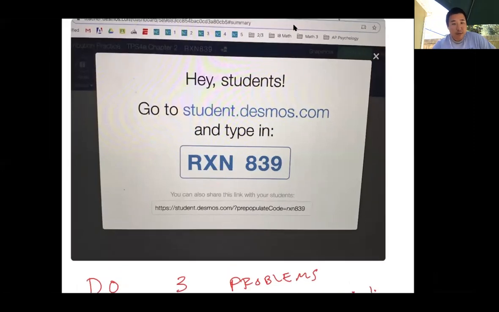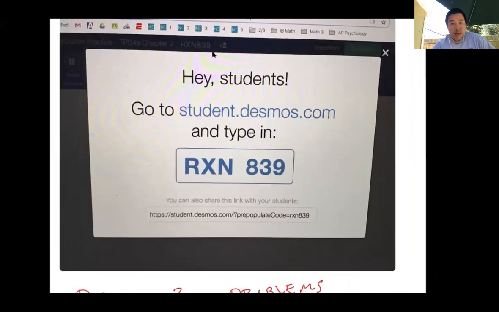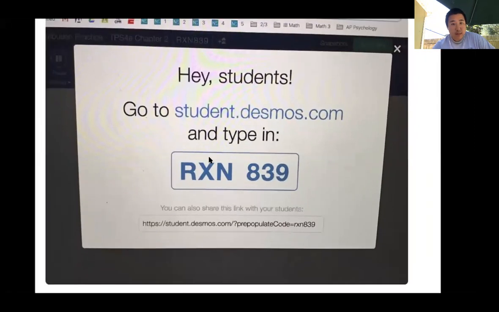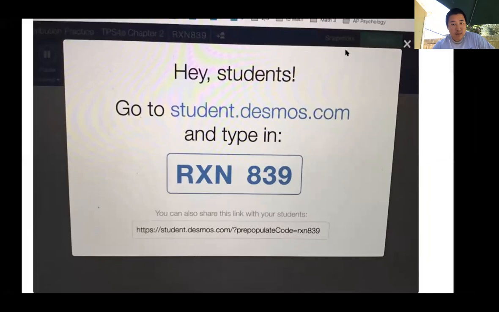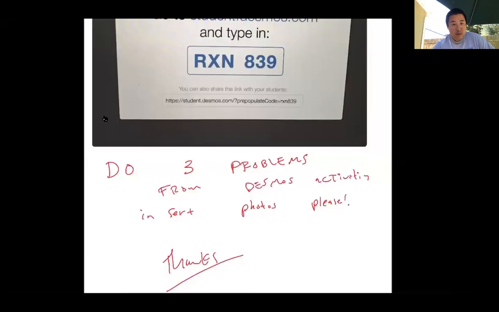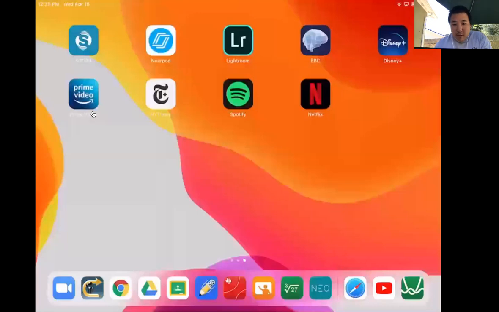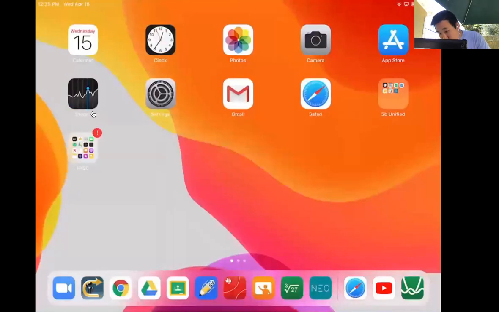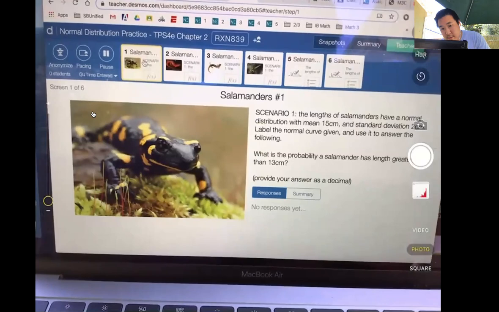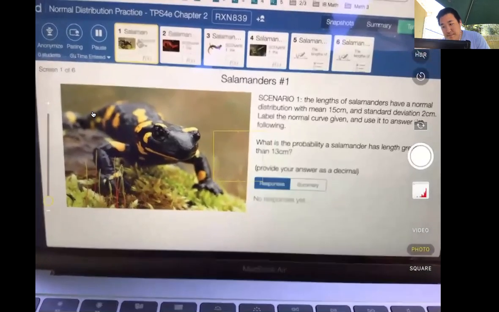When you do it, it's going to look like this, and then you have to type in your response. You can just do 3 of them. It doesn't matter which ones you do.